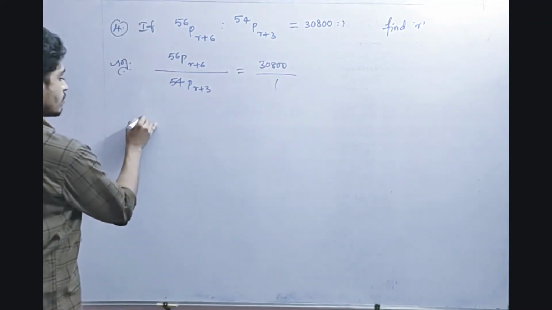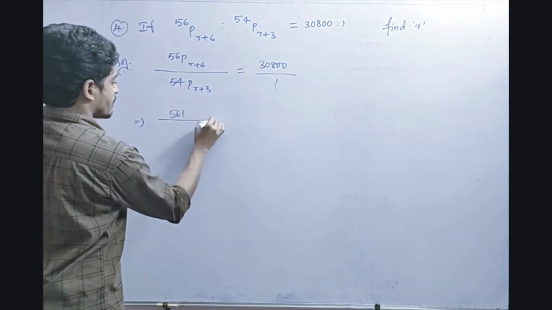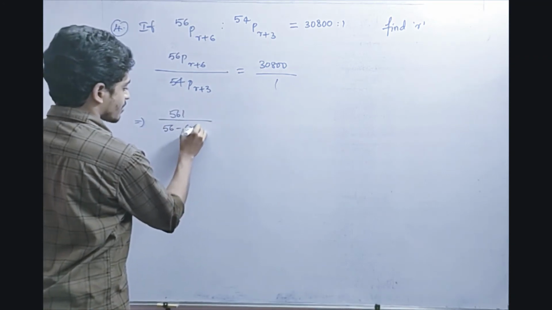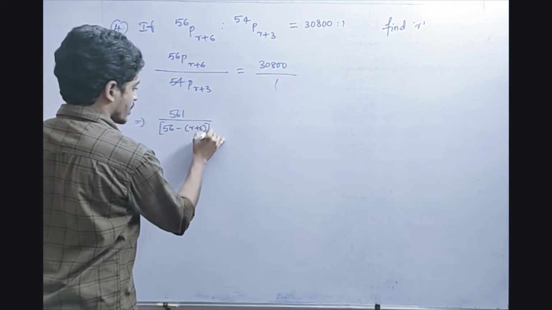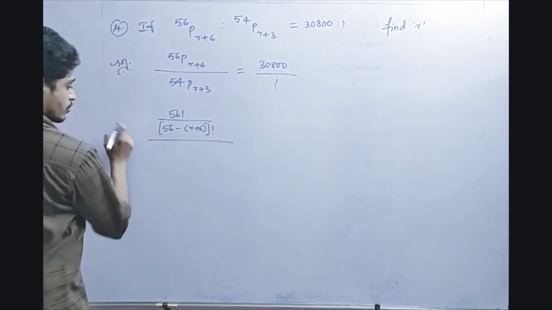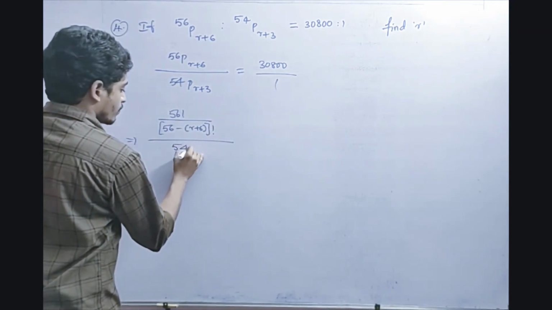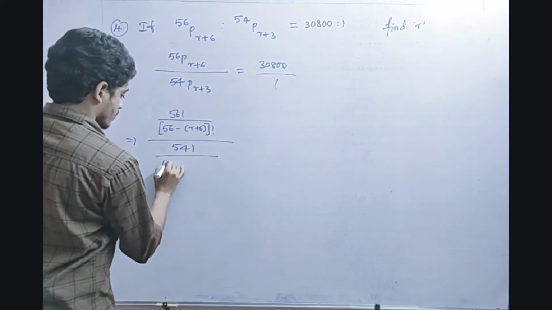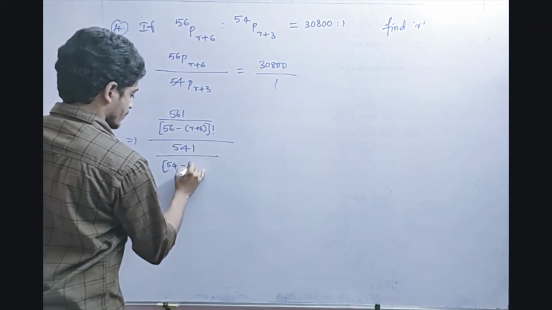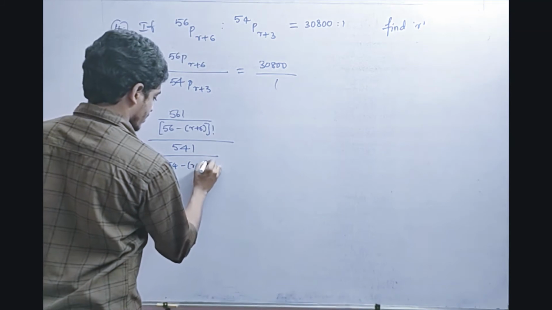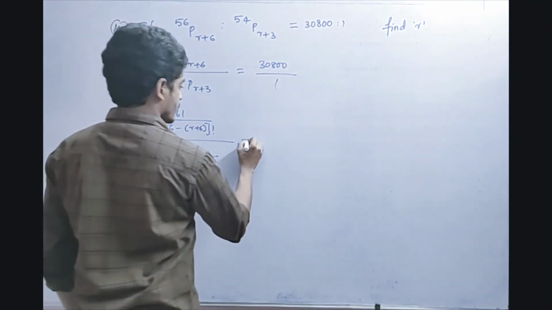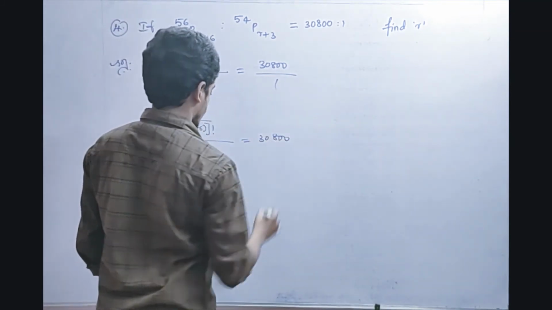Yes, so now 56 factorial by (56 minus (R+6)) factorial, whole divided by 54 factorial by (54 minus (R+3)) factorial, equals 30,800. Yes or no?